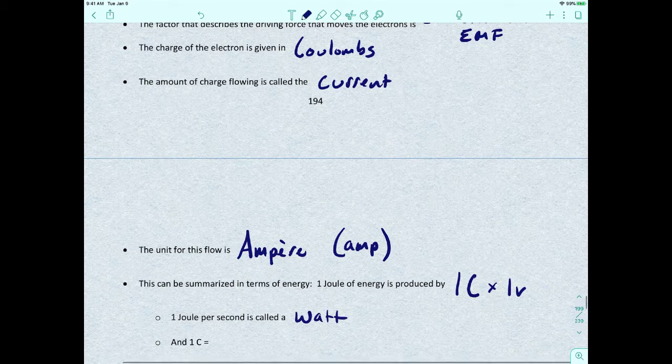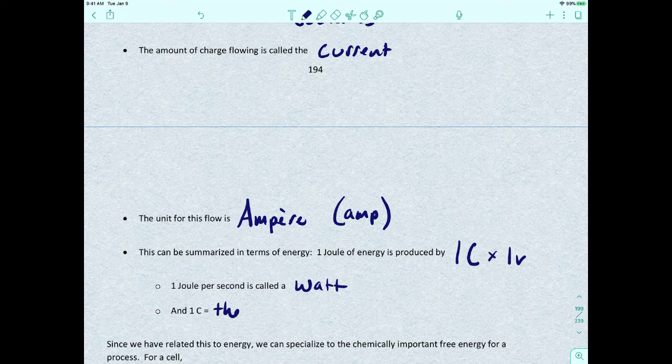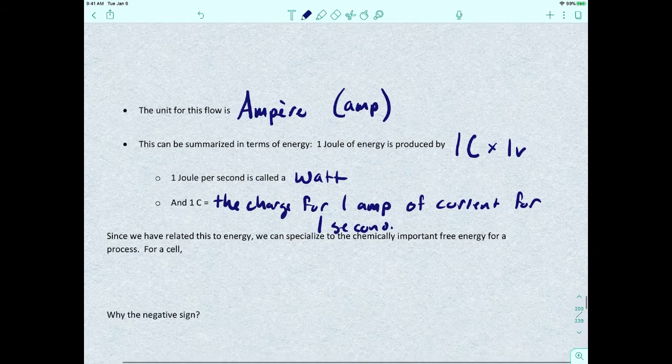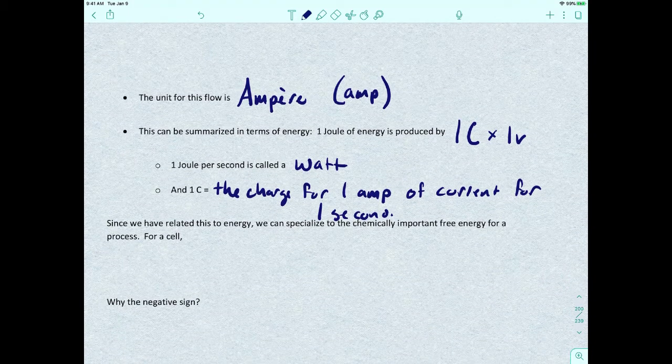And 1 coulomb is the charge for 1 amp of current for 1 second. Now, since we have related this to energy, we can specialize the chemically important free energy for a process.